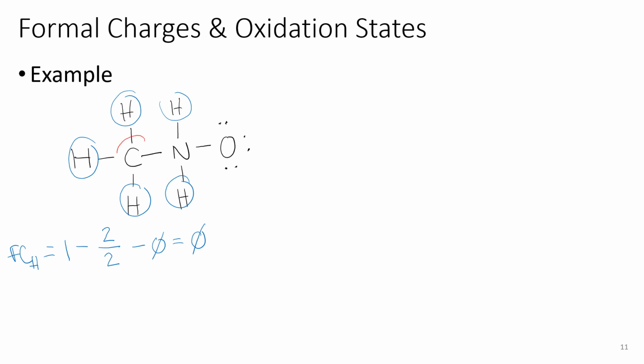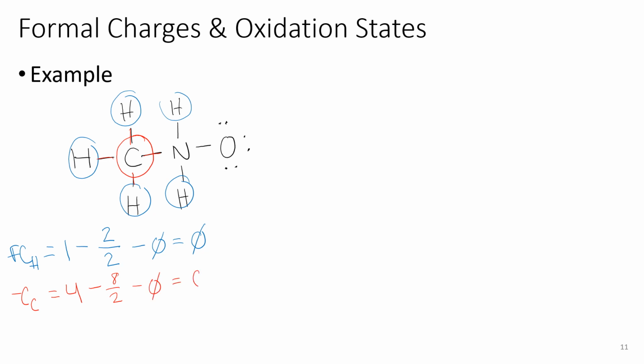So now let's look at carbon, and I'll do carbon in red. The formal charge on carbon: if we look at carbon on the periodic table, carbon has 4 valence electrons. In my structure, it has 2, 4, 6, 8 bonding electrons, which I'm going to divide by 2, and it does not have any lone pairs.